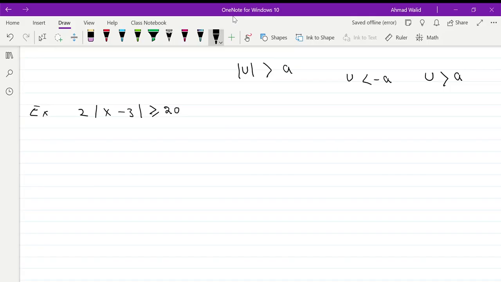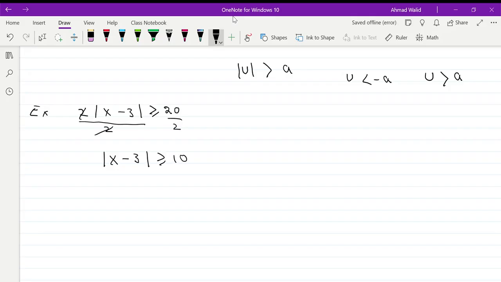If you focus on your lectures, when I explain how to solve an absolute value equation, I told you, first remove the numbers around the absolute value, then remove the absolute value sign. It means first divide by 2 on both sides, like this. Keep the absolute value sign, x minus 3 greater than or equal to 10.